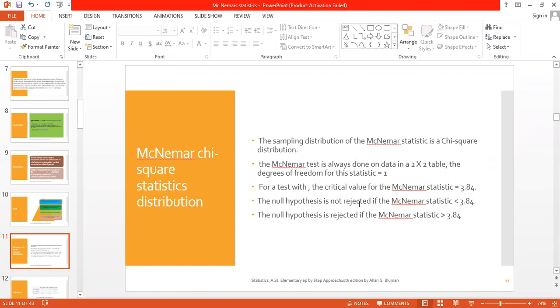The null hypothesis is not rejected if the McNemar test statistic is less than 3.84, but the null hypothesis is rejected if the statistic is more than 3.84. 3.84 is the critical value at 1 degree of freedom.